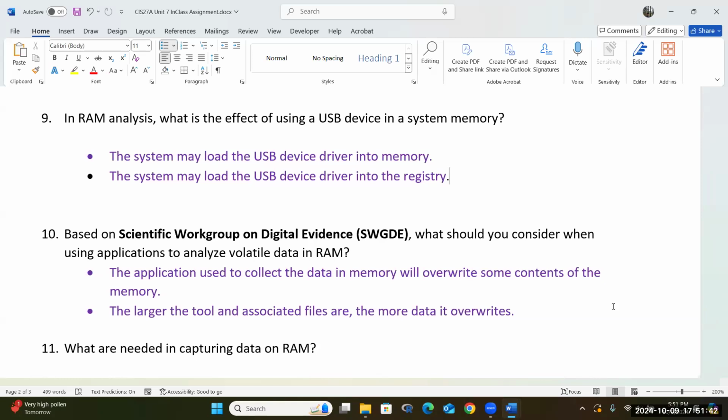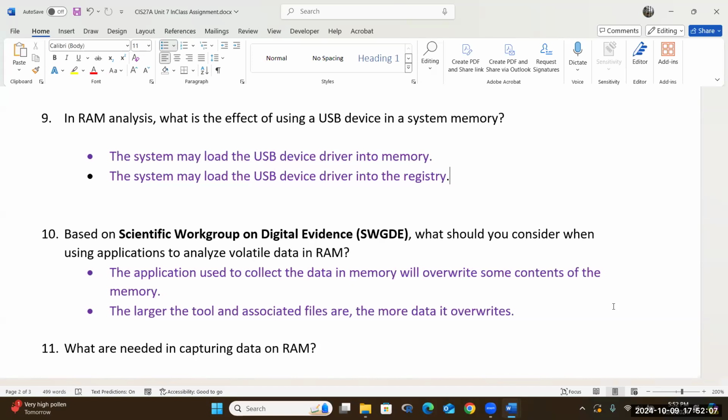So if you have a very large suite or application to do data analysis, you will likely lose more data because data is overwritten. So this is the cost and effect of using analysis applications.